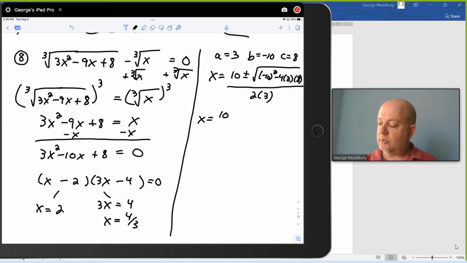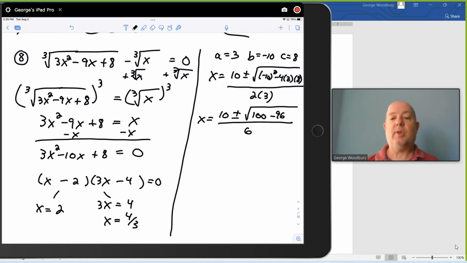Simplifying, x equals 10 plus or minus the square root. Negative 10 to the second power is positive 100. Negative 4 times 3 times 8 is negative 96. That's all over 6. 100 minus 96 is 4, and the square root of 4 is 2. So we end up with x equals 10 plus or minus 2 over 6.